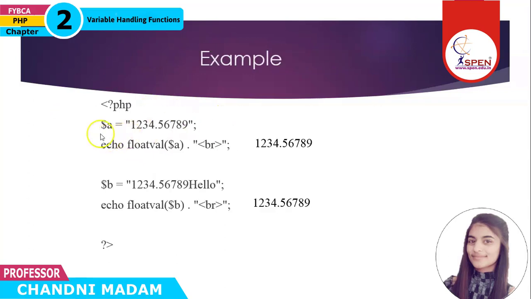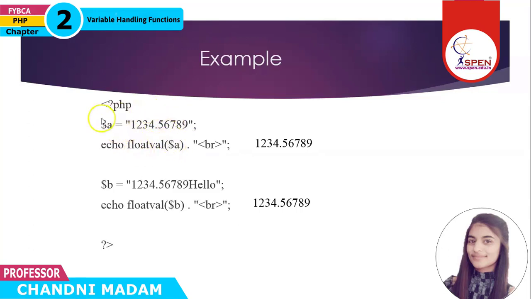Here is the example. $a equal to 1234.56789, but passed in double quotation marks, so the $a data type is string. Now floatval($a) converts $a to a float.